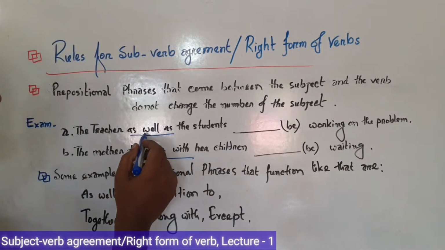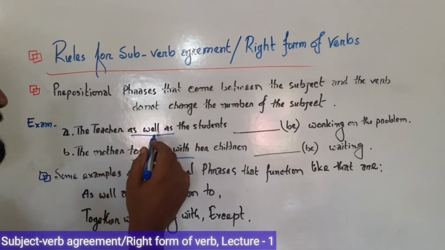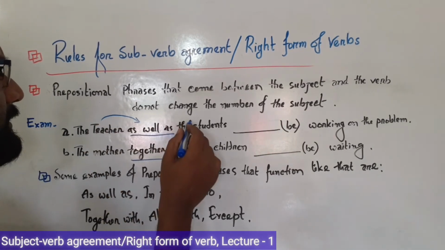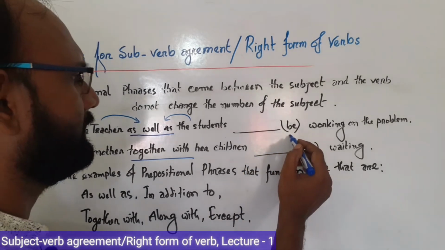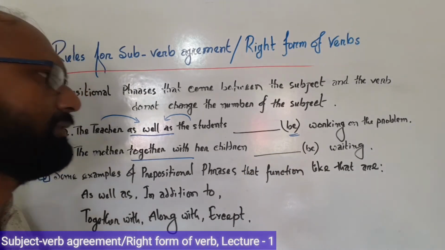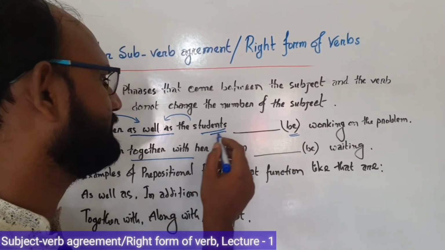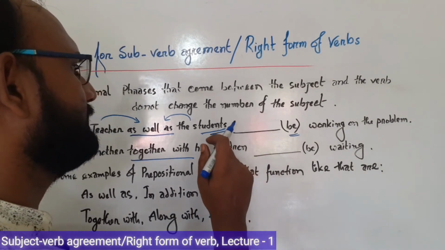These are prepositional phrases. If prepositional phrases come between the subject and the verb, they do not change the number of the subject. Here, the students, we do not change the number of the subject.